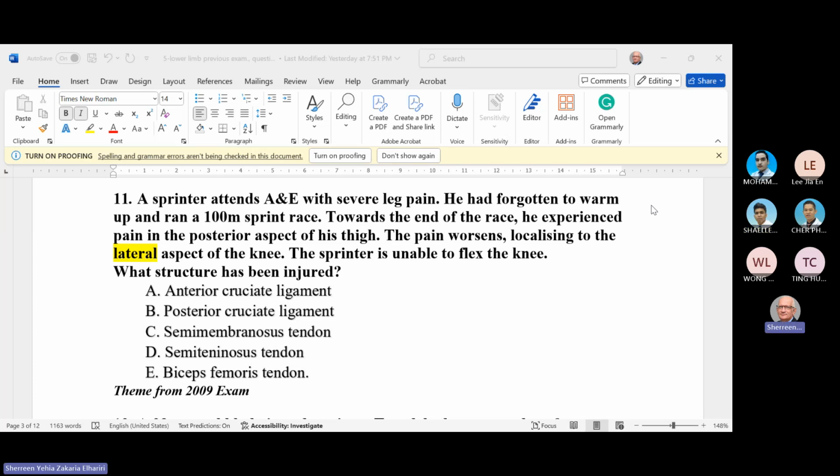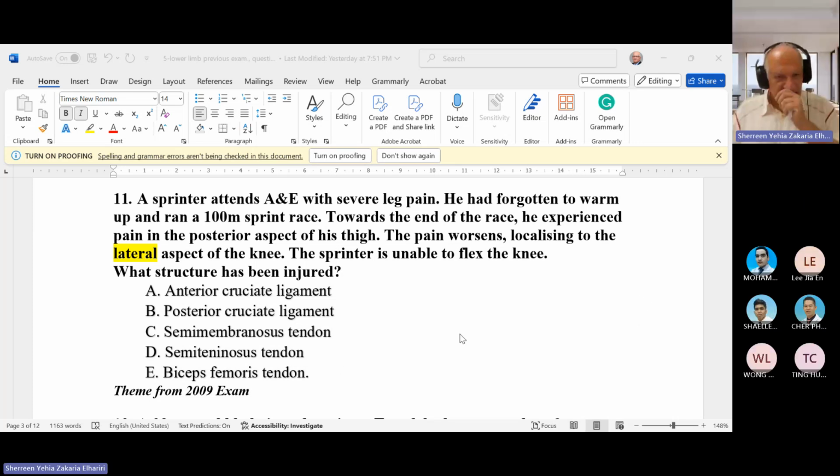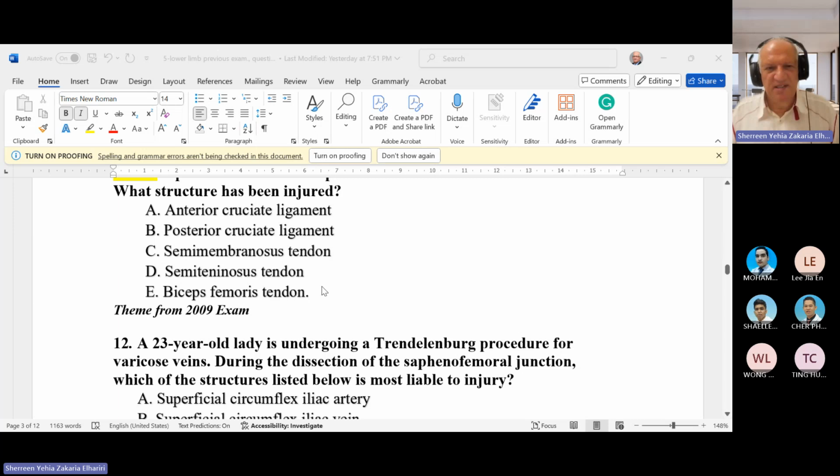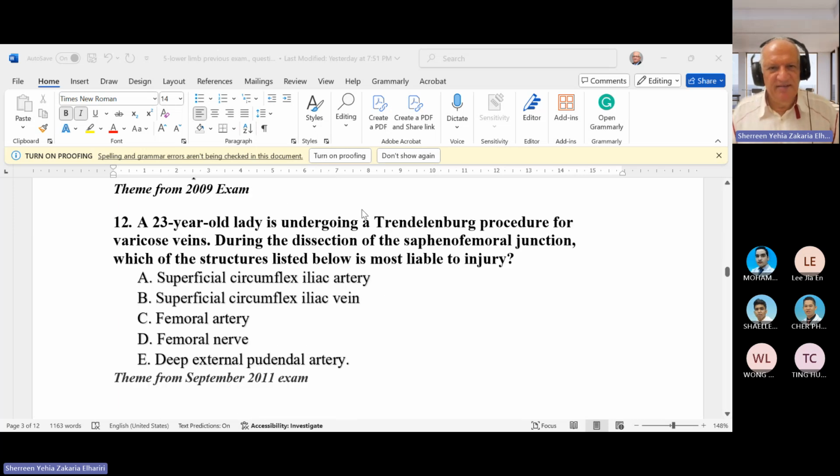Here you need to ask about the flexor of the knee. Of course, it is a muscle, not a ligament. The flexor of the knee is the biceps femoris muscle, so the answer is the biceps femoris tendon.